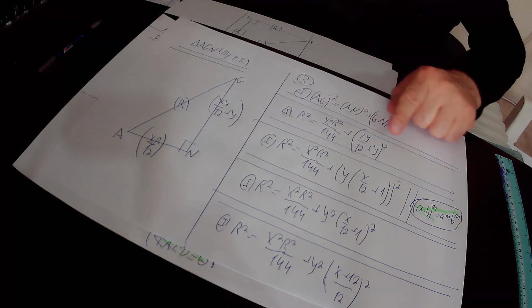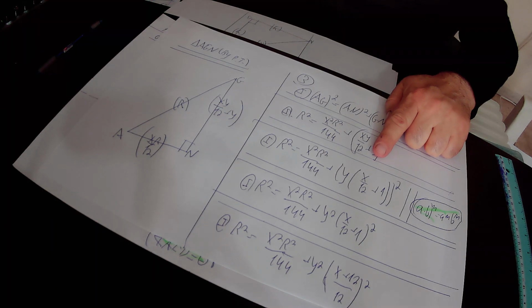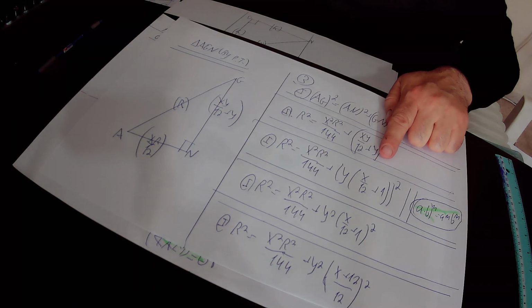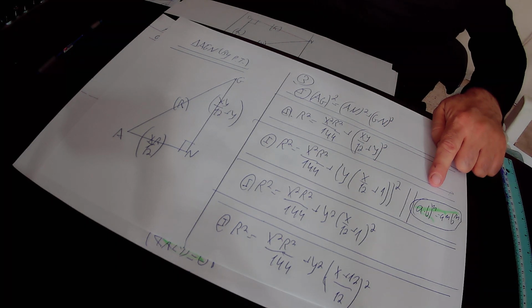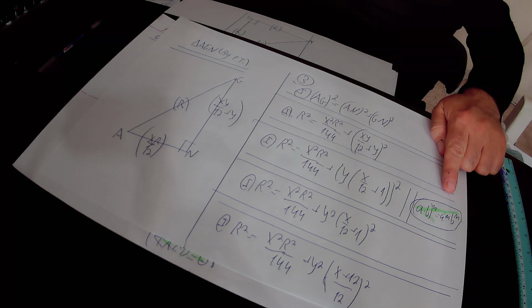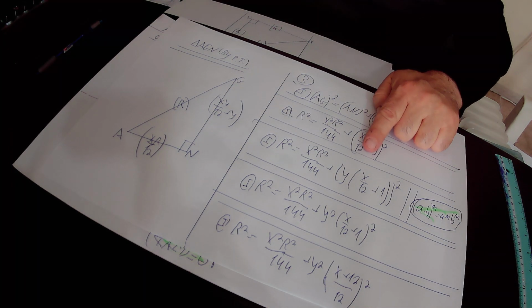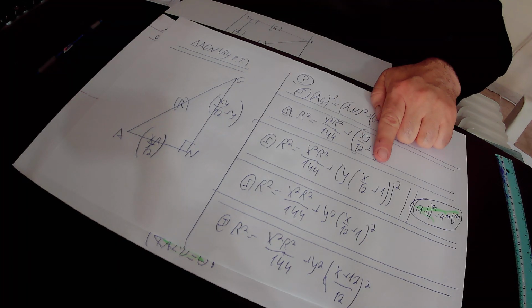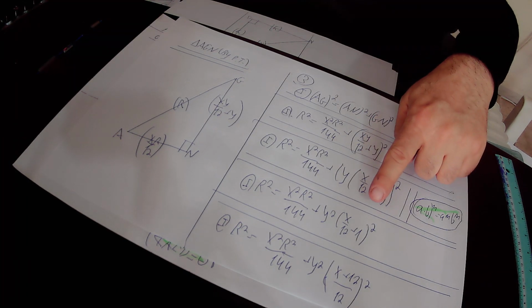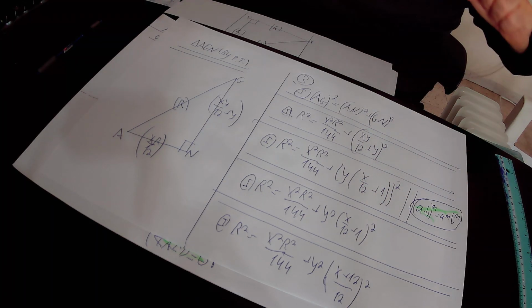So here we have this expression y times (x over 12 plus 1) squared. According to the algebraic identity that (a times b) to the power of m equals a to the power of m times b to the power of m, this expression will be equal to y squared times (x over 12 plus 1) squared.